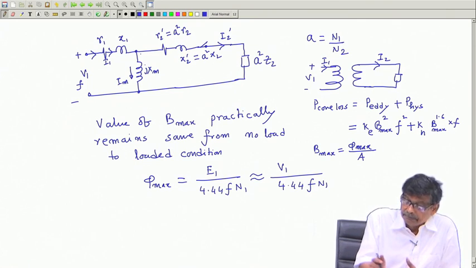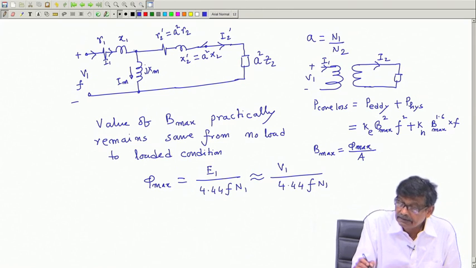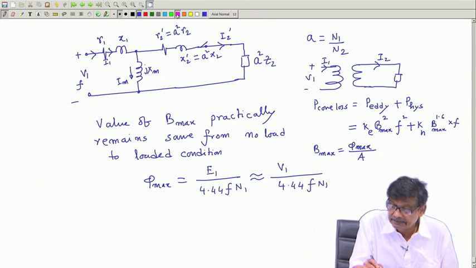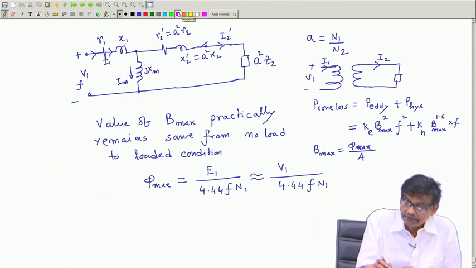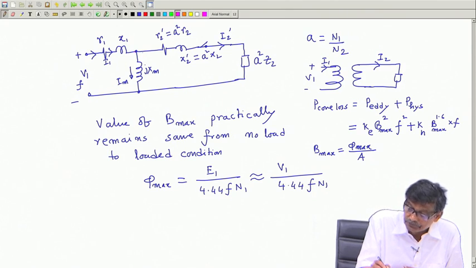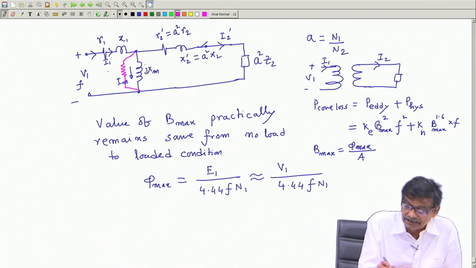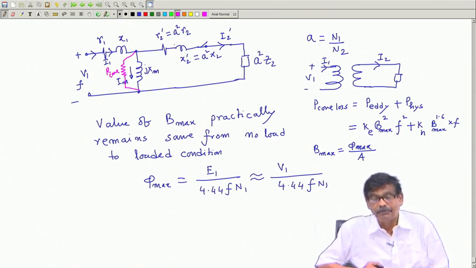But anyway, this loss which depends on B max, which practically remains the same, should be shown by a resistance connected across Xm. That is what I am telling. This is R core, which will take care of the core loss.